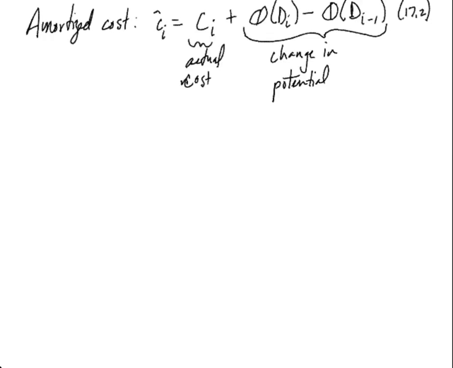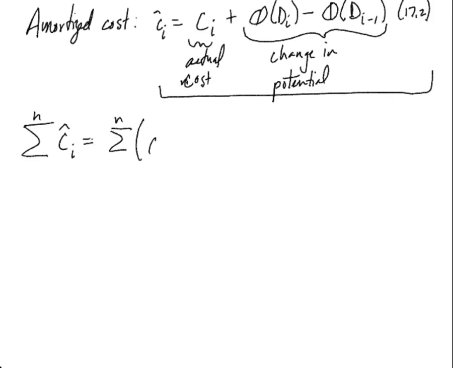And now we can get the total amortized cost over n operations. And that's going to be the sum of C sub I hat. That's going to be the sum over all n operations, using the definition of our amortized cost, of C sub I plus phi of D sub I minus phi of D sub I minus 1.